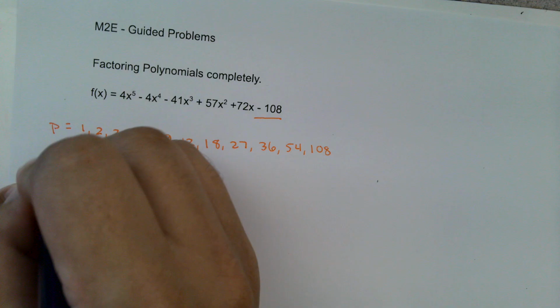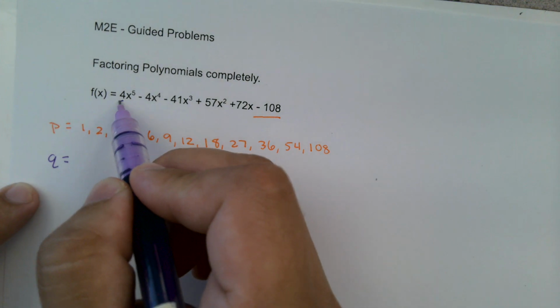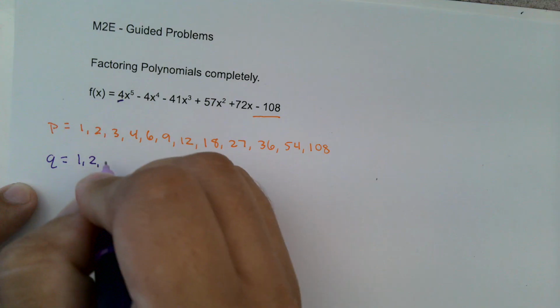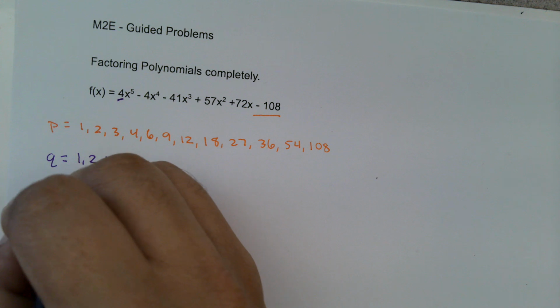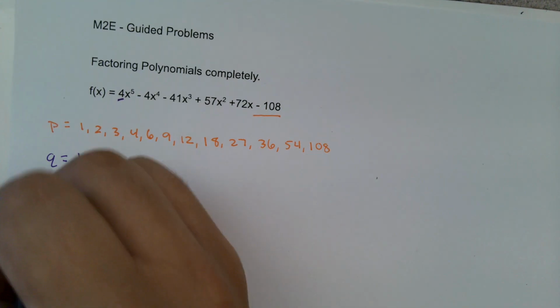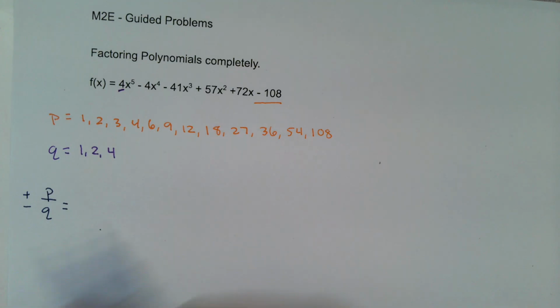Now Q equals factors of 4. So 1, 2, 4. Now every single possibility of P over Q. Again, we're going to make a short list. We're going to come back to the list if we need more factors.